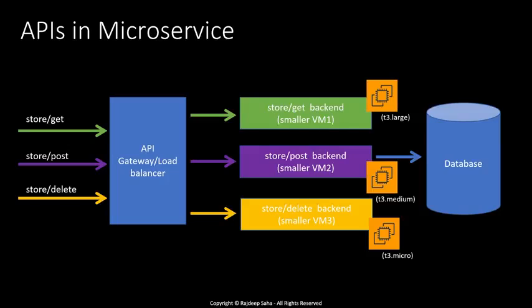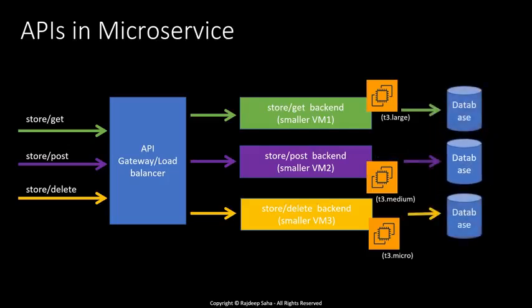running on T3.micro. Now you might say, Raj, this is not a right microservice because each microservice should have their own different database. Ideally, yes, but in real world scenario, it is not possible sometimes to break the big database into multiple small databases.